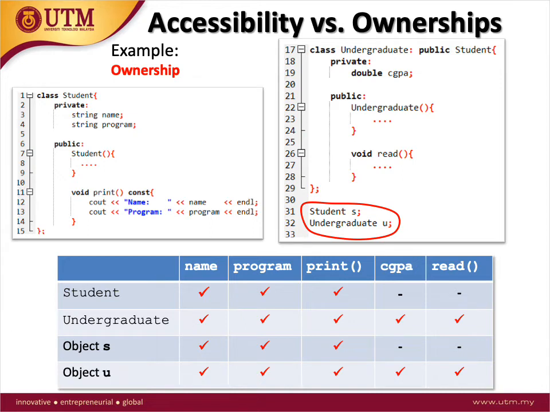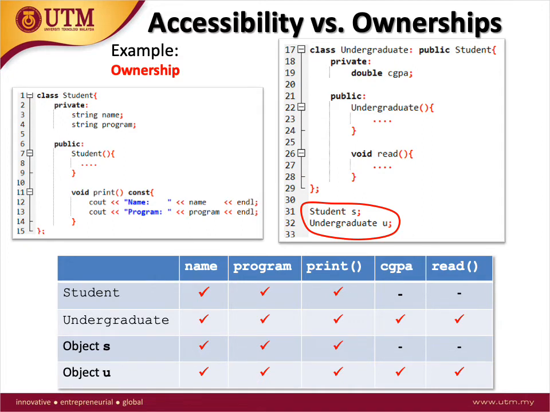For the derived class Undergraduate, it owns the members from the base class, which is Student: the attributes name and program, and the method print. It also owns its own members, for example the CGPA and the read method here.